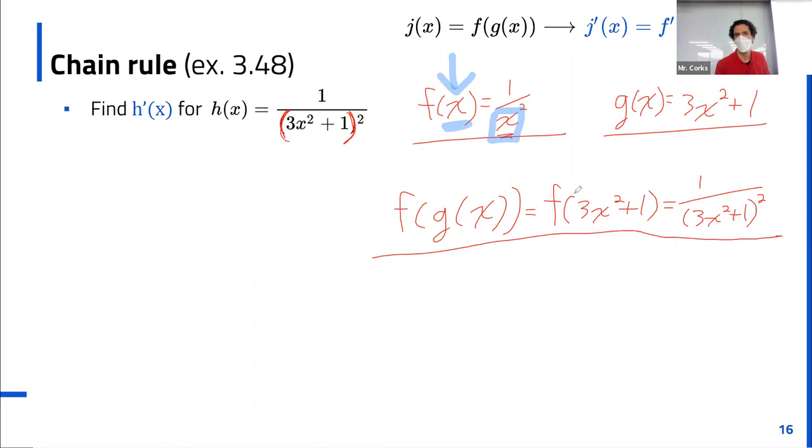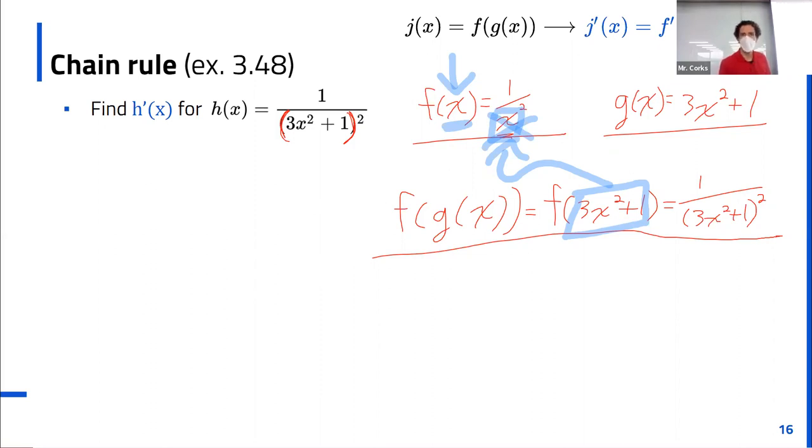So this is inside the brackets here, and we are replacing that. So 1 over x squared, but instead of x, we get rid of that and put this in there. It's a little confusing because we're using x in each place, and the different x's have different meanings depending on what the functions are. But we're just taking one thing and putting it inside the other one. So this is just how function notation works.